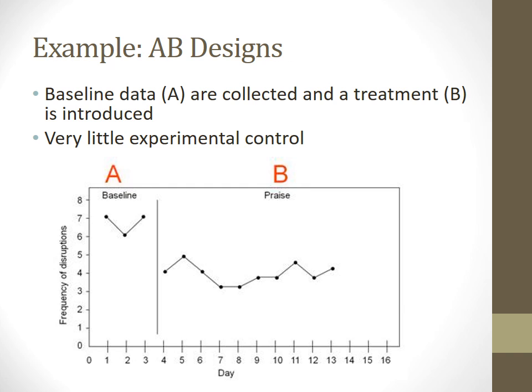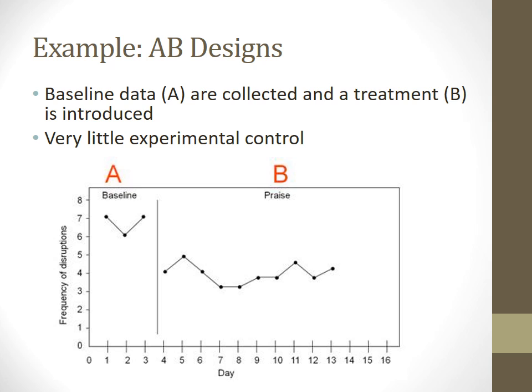One of the simplest forms of this kind of design is what we would call an A-B design. The first A in a graph, like this, represents the baseline phase, in which you're not doing therapy but are still collecting data.